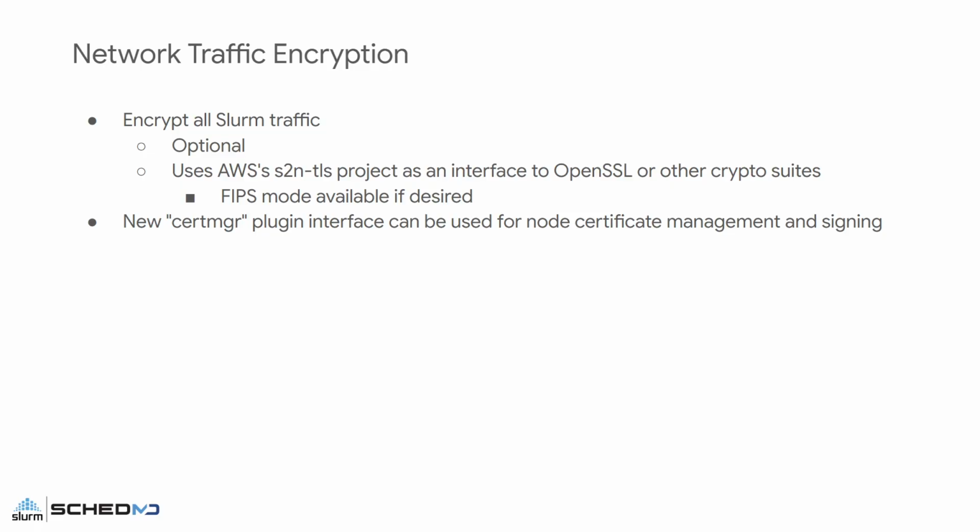This is completely optional. It builds off of Amazon's S2N TLS library, which is itself wrapping OpenSSL or a different crypto suite. There's even a FIPS mode available within S2N TLS if that's desirable for your environment. Alongside this is this idea of a cert manager plugin.